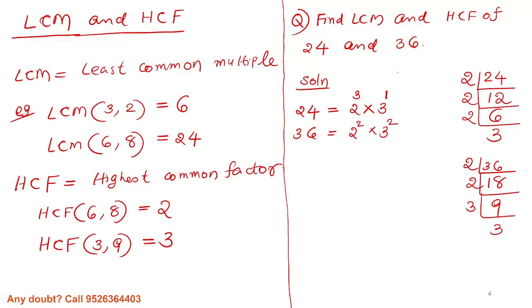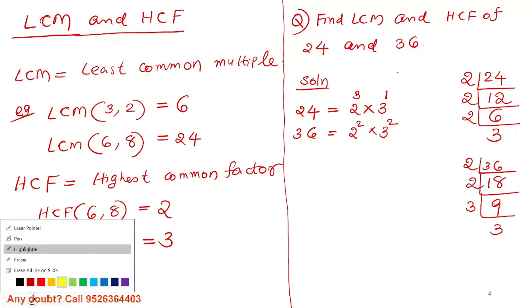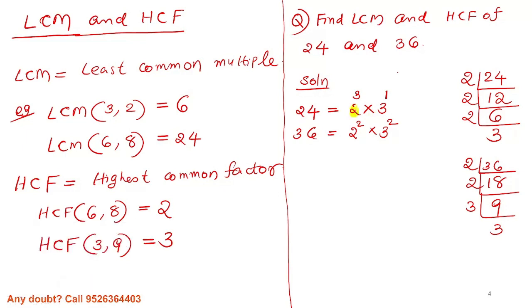You have to write in this way so that the vertical numbers have the same base. The vertical means, look at this number. Below 2 cube I have written 2 square. If you check the numbers vertically, they must have the same base.